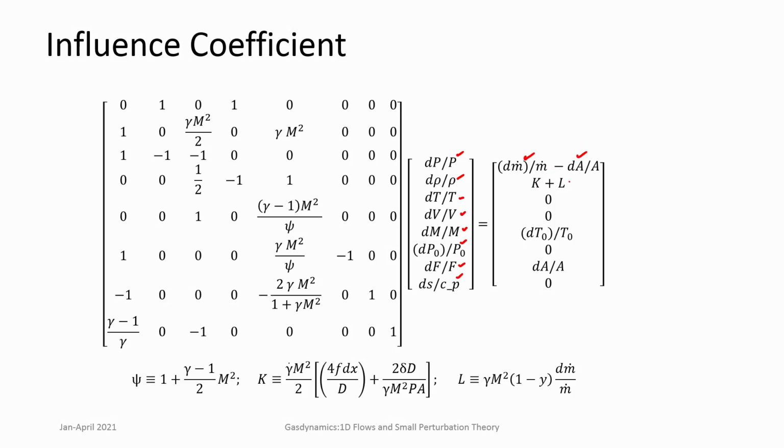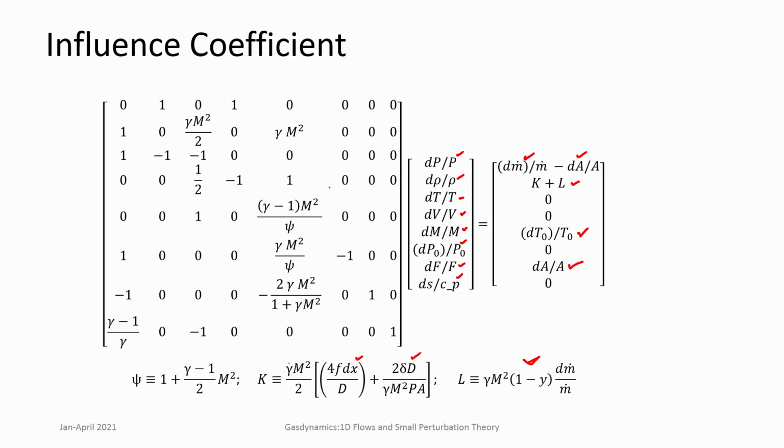This K plus L is due to drag forces, so that is the momentum equation. In the momentum equation you have friction, drag, and momentum deficit due to mass addition. So that is over here, and dT naught by T naught, which is the change in stagnation temperature, and of course dA by A is just the change in area.